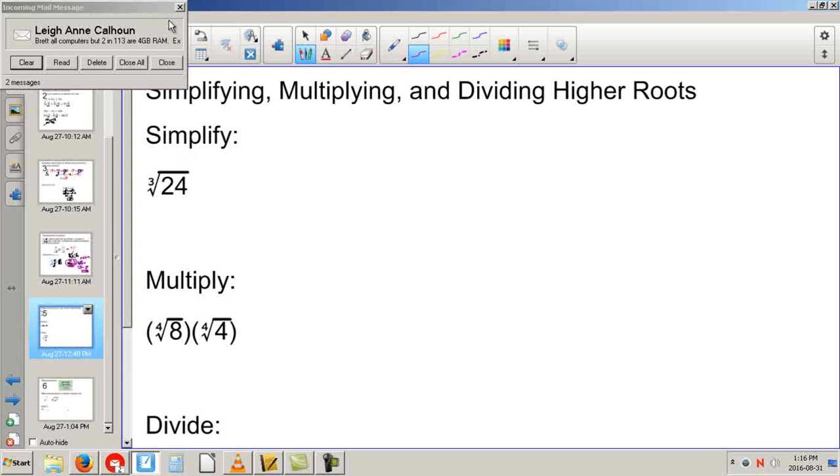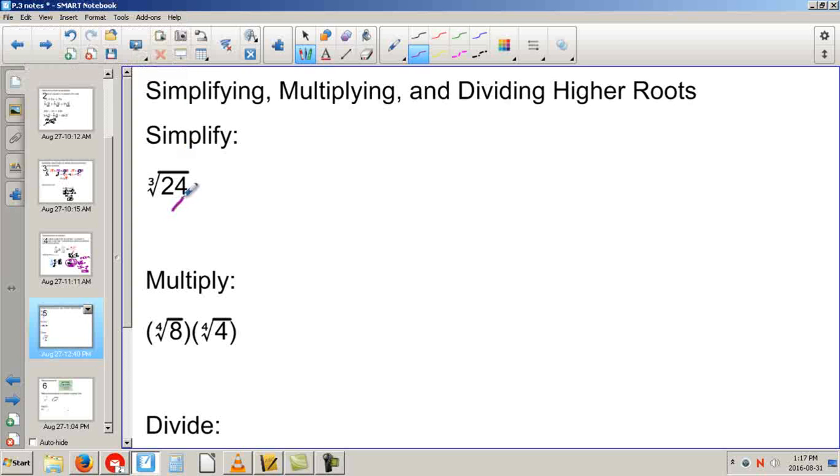So if I break the 24 down, I'm going to get a 2 and a 12. The 12 breaks down as a 2 and a 6. And the 6 breaks down as a 2 and a 3. So I've used the 6, I've used the 12, I've used the 24. Well, what do I really have in here?